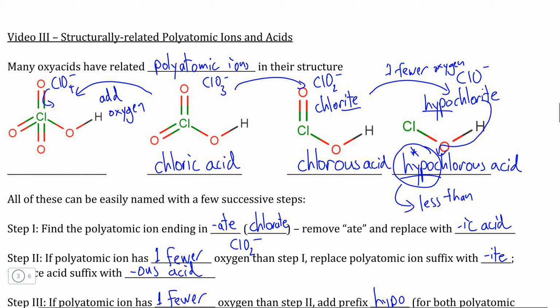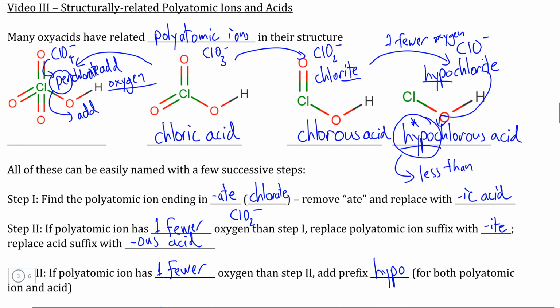For example, this polyatomic ion, ClO4-, actually goes by perchlorate to show that it has one more oxygen than chlorate. In fact, the word per actually means to add, and in this case, it's referring to the oxygen.